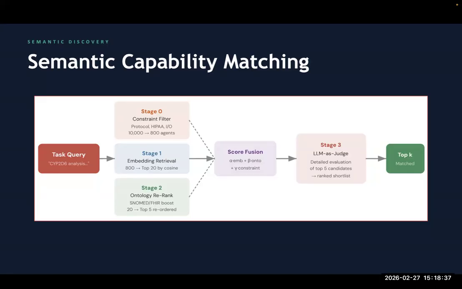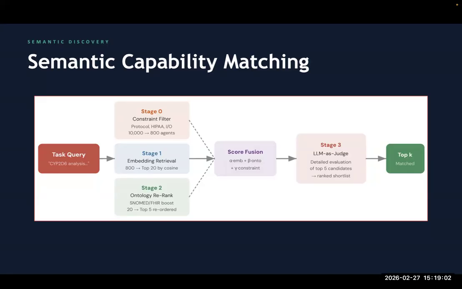That happens at the top. Then you use an ontology for re-ranking when you're trying to do the subsumption resolution. And you bring all these scores together with a reciprocal rank fusion type score fusion approach, whatever you'd like. And then finally, you have an LLM as a judge, which is really important for deep reasoning, and only on the final shortlist to give you the top K match.